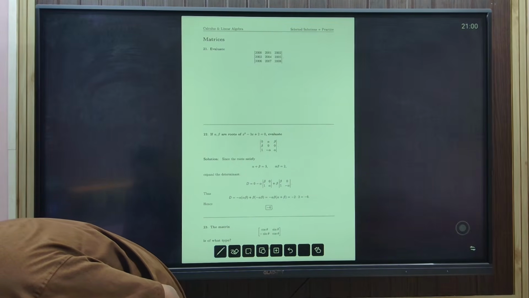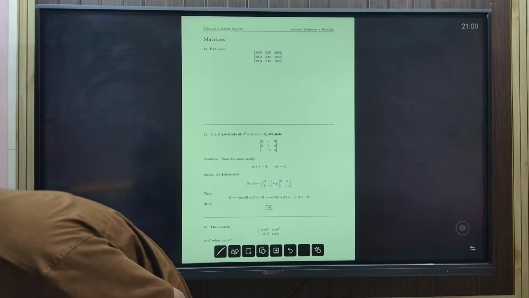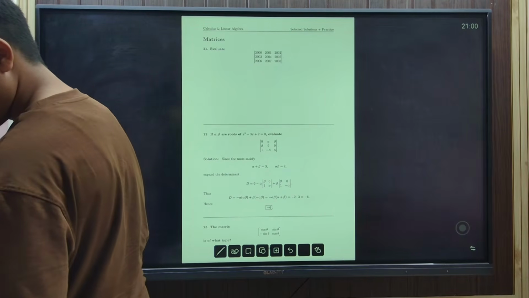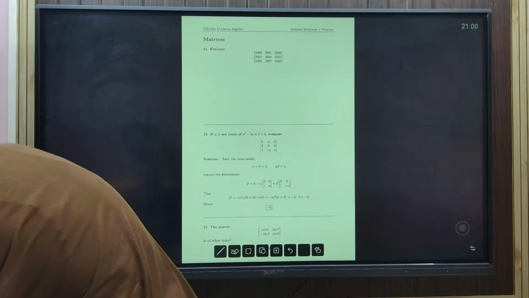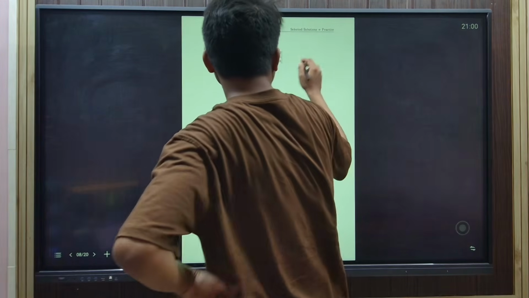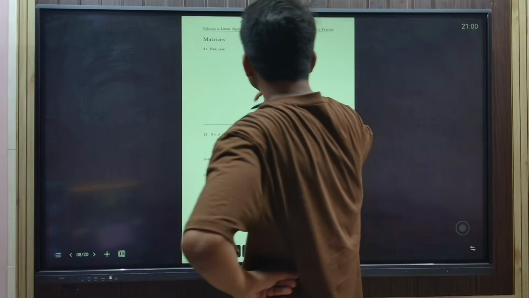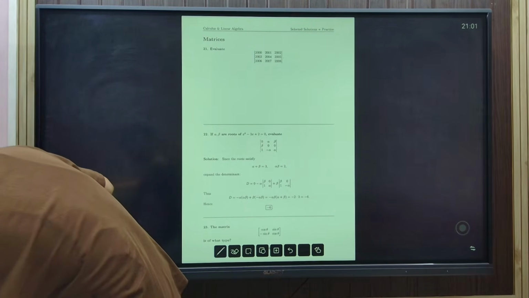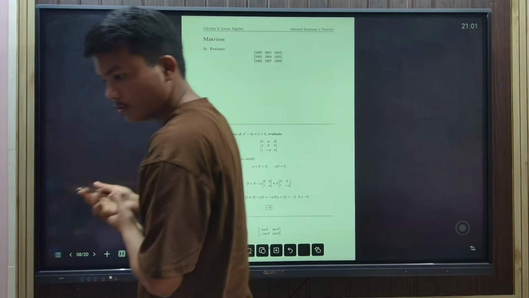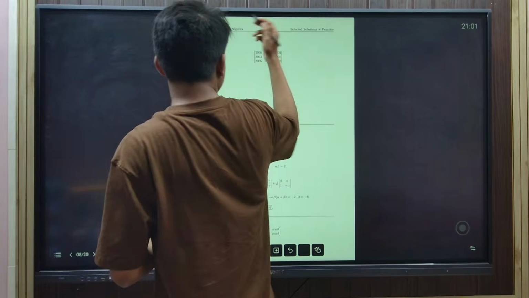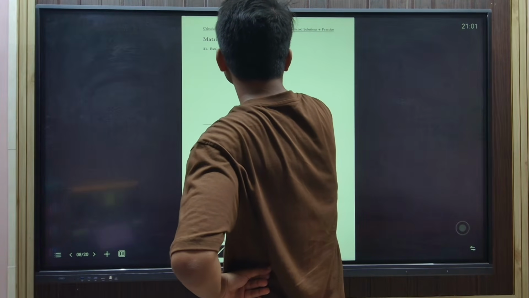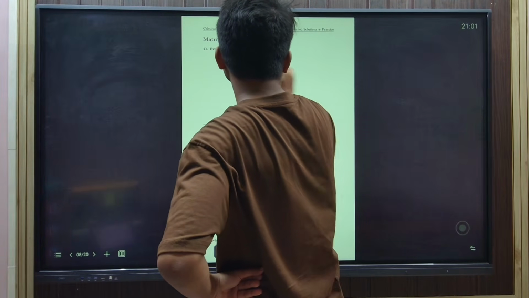So, linear algebra. Yes. So how do we find the determinant? What the determinant basically is: this is column 1, column 2, column 3, and this is row 1, row 2, row 3, a 3 cross 3 determinant.